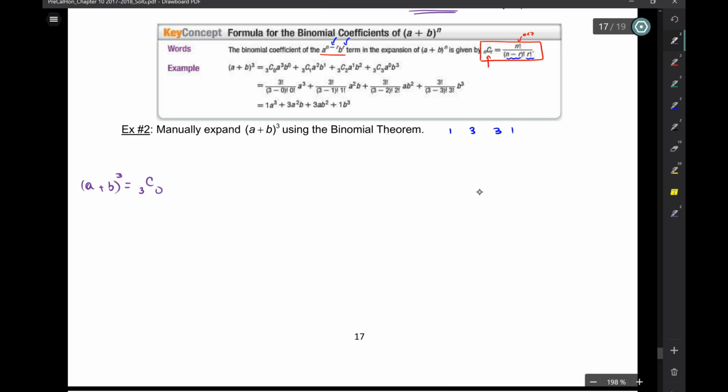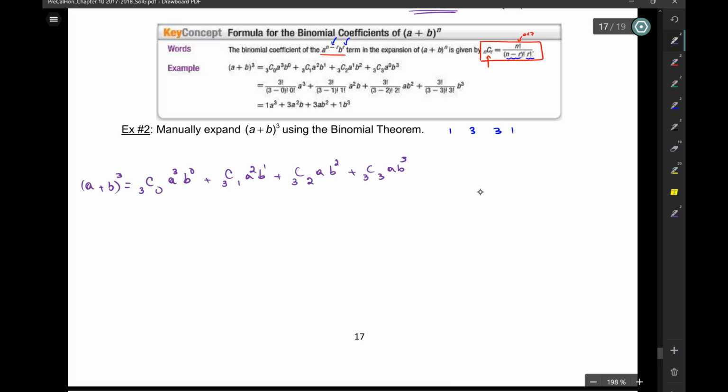Which one of those is going to change, the n or the r? The r, right? Because n is just n. It's given to you. And then it's going to be C(3,0) a cubed b to the 0, plus C(3,1) a squared b to the 1, C(3,2) a b squared, C(3,3) a b cubed.